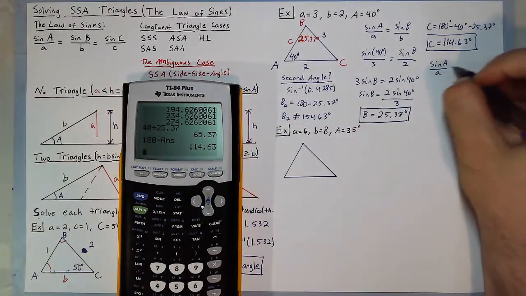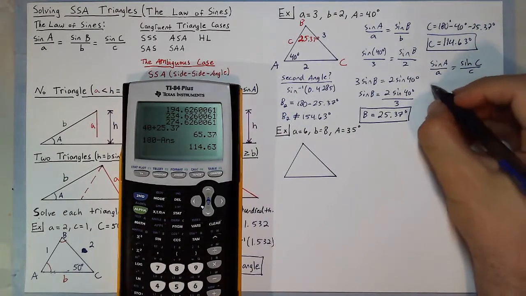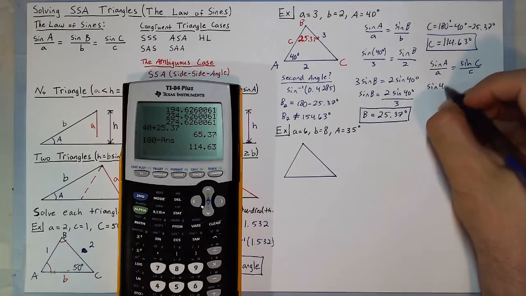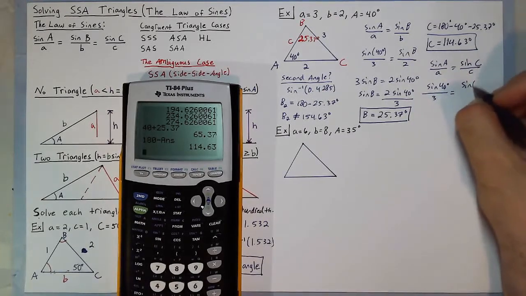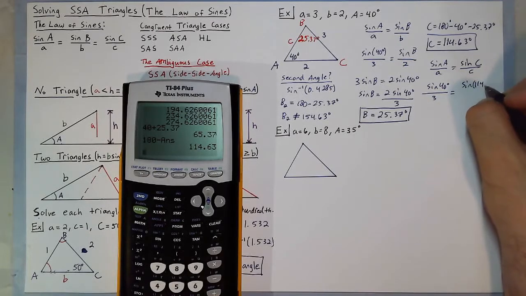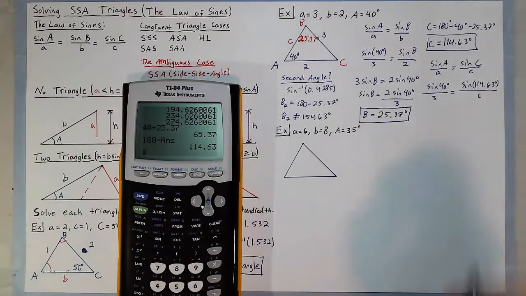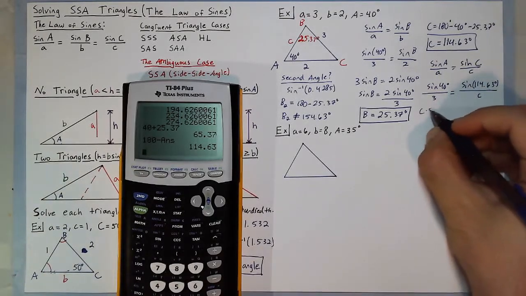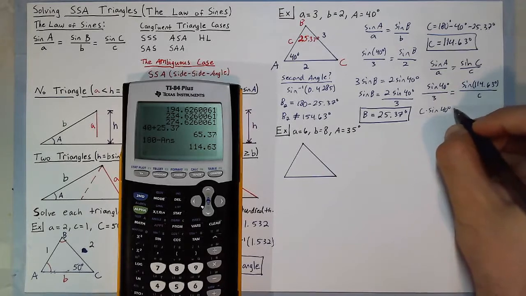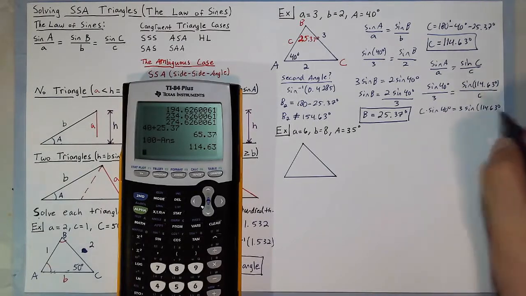And now that you have angle C, you can use, again, sine of A over A equal to sine of C over C to finish solving. So again, we have sine of 40 degrees over 3 is equal to sine of 114.63 degrees over side C, which is what I'm looking for. I can cross multiply, giving me C sine of 40 is equal to 3 sine of 114.63 degrees.